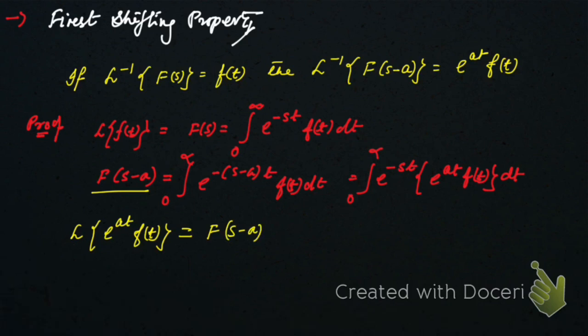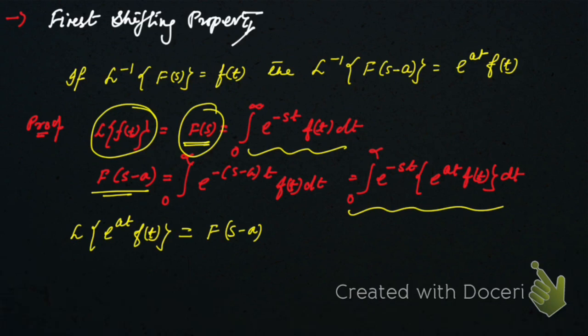So here you see what we have done. We have compared the right hand side and left hand side of these two. This F(s) means nothing but the Laplace transformation of f(t), which is the definition of Laplace transformation.